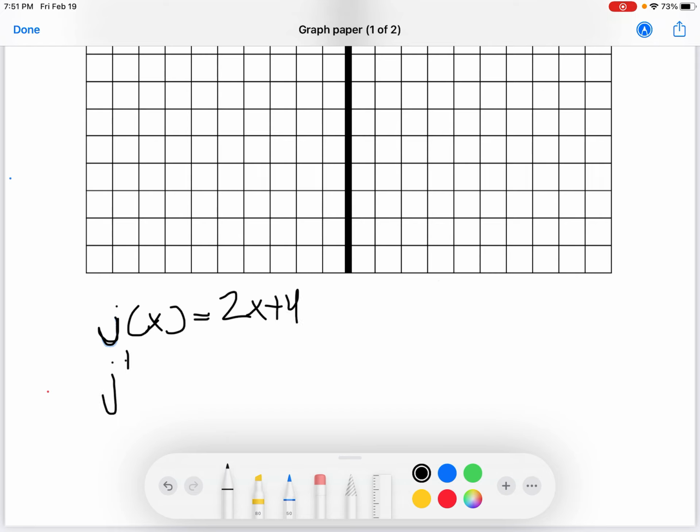After we solve for the inverse, we would find out that it equals 1/2 x minus 2. So these are two inverse functions. Let's graph them and see what they look like. So let's graph the first one, 2x plus 4.